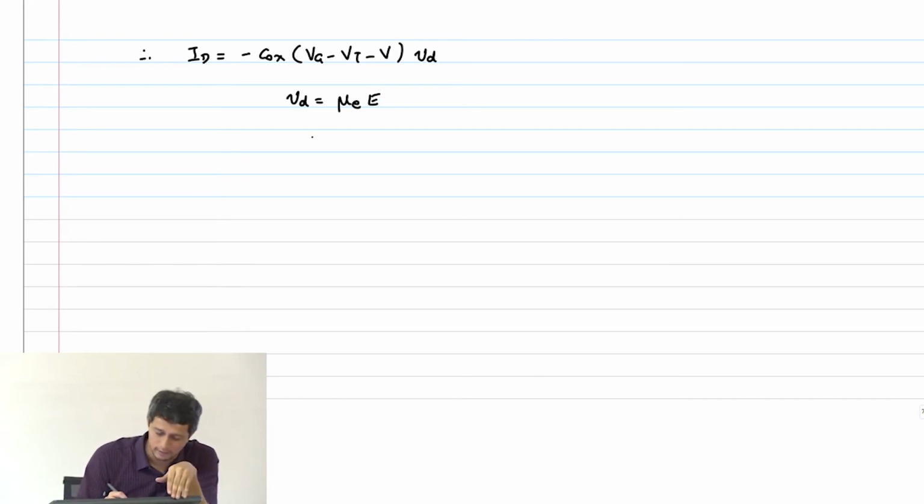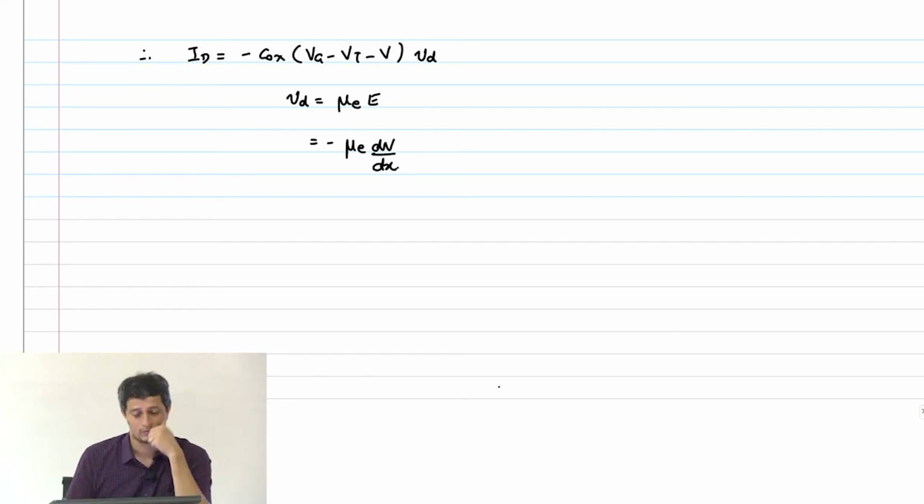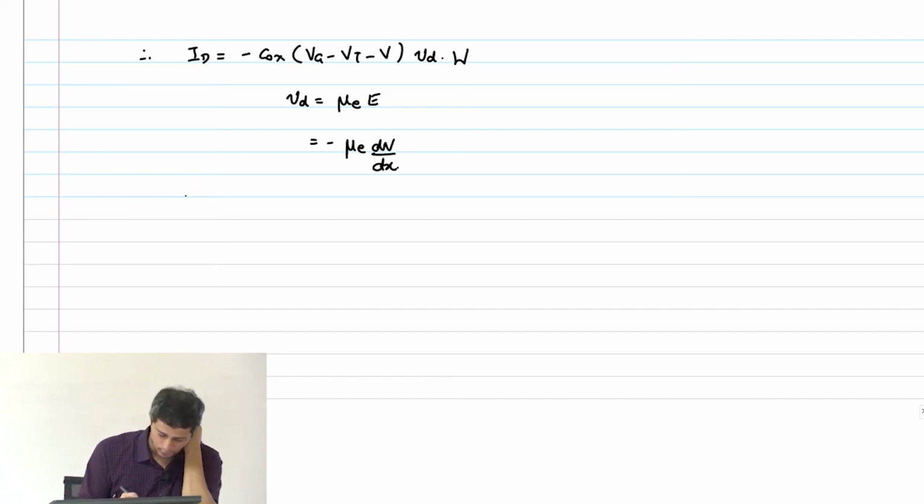Okay, and obviously this is minus mu E times dV by dx. Wait, there's a W here. Therefore I am now going to say ID equals plus, I think the right notation is mu n.